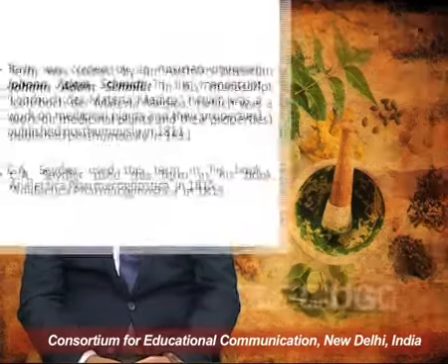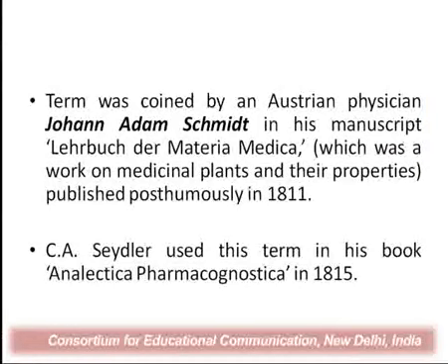The term Pharmacognosy was coined by an Austrian physician, Johann Adam Schmidt, who mentioned the term in his manuscript Lehrbuch der Materia Medica, which was published after his death in 1811.